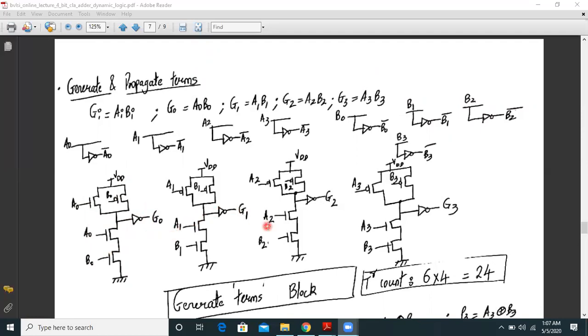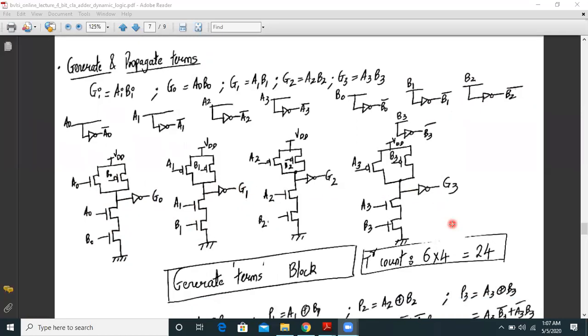Similarly, we will generate G1, G2 and G3. That completes the generate term block with a total transistor count. Each block requires around 6 transistors to implement. There are 4 blocks, so the total transistor count is 6 into 4, that is equal to 24.